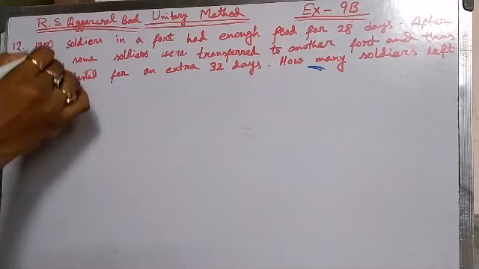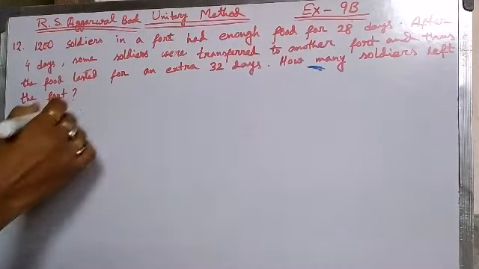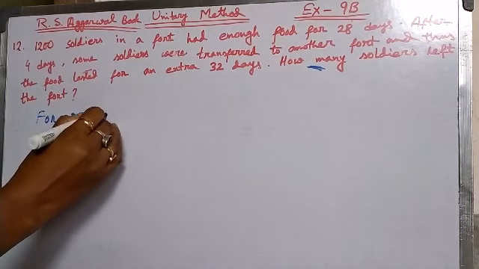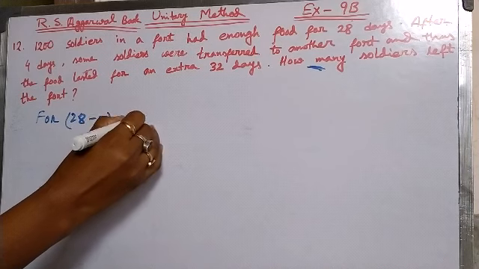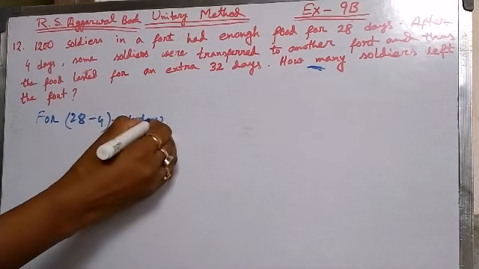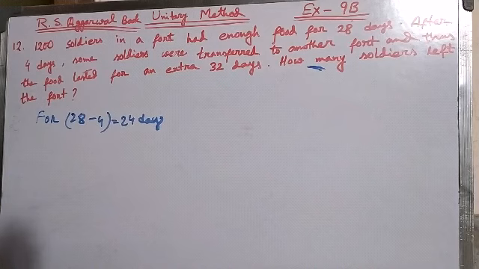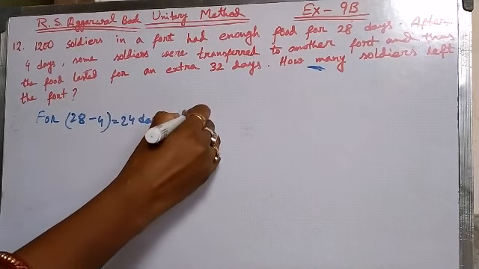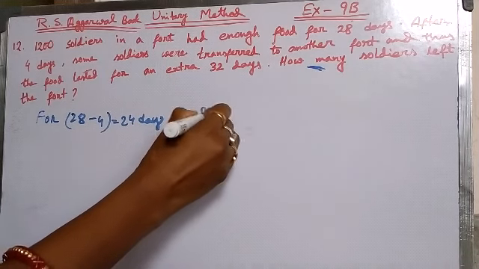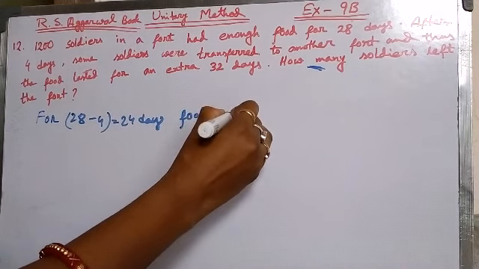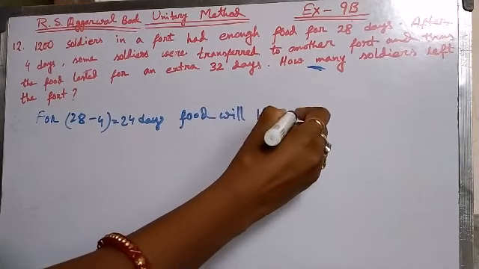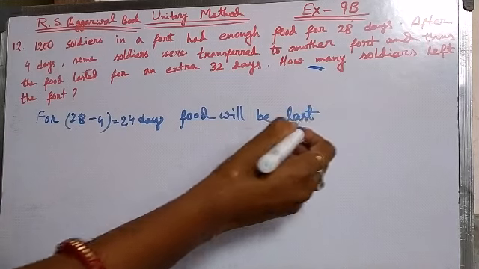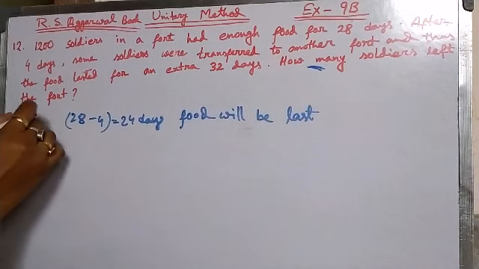So for 1200 soldiers, for 28 minus 4, that means 24 days, food will last in 24 days.